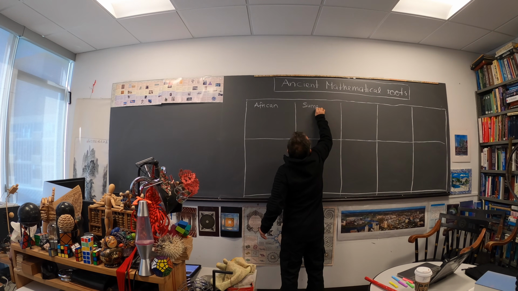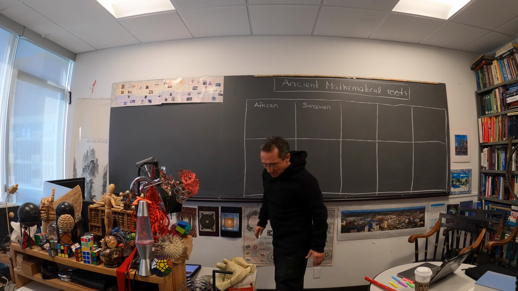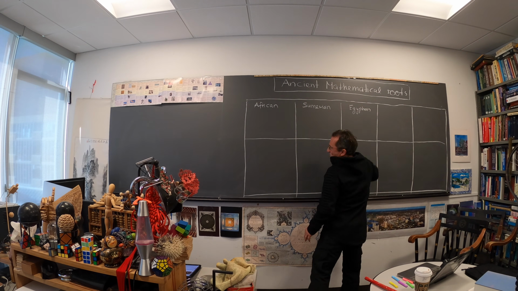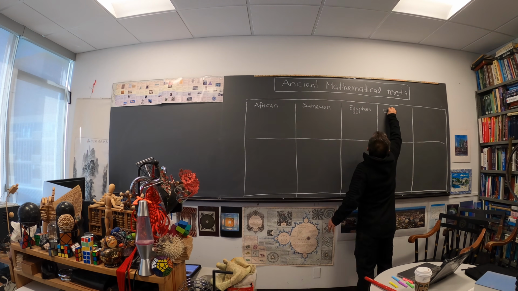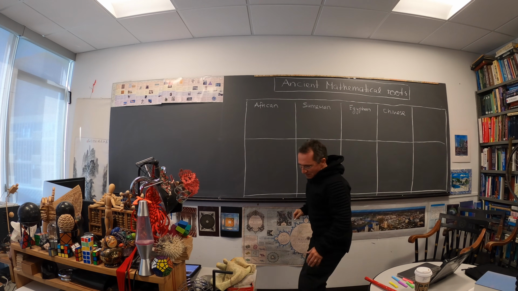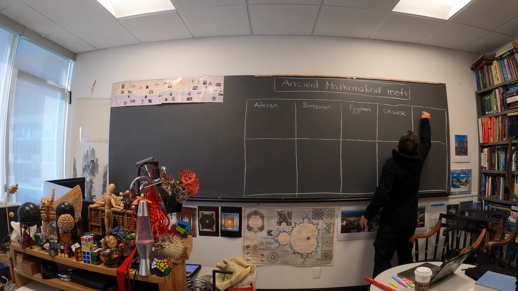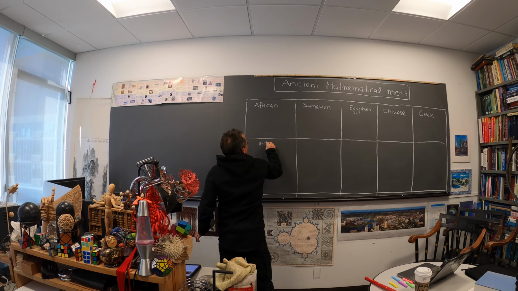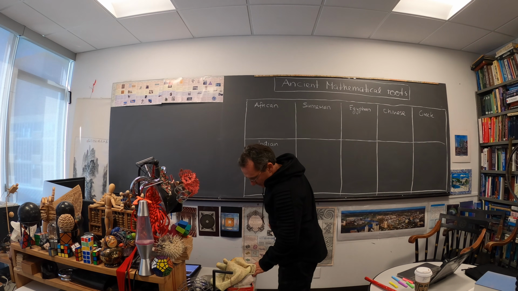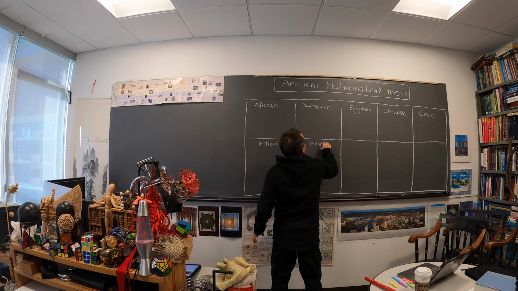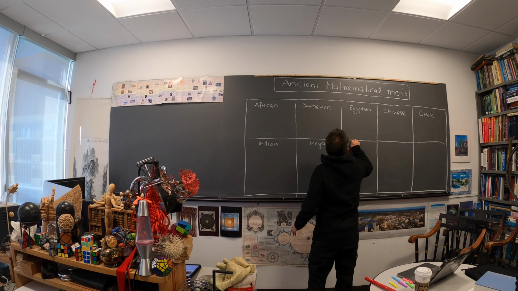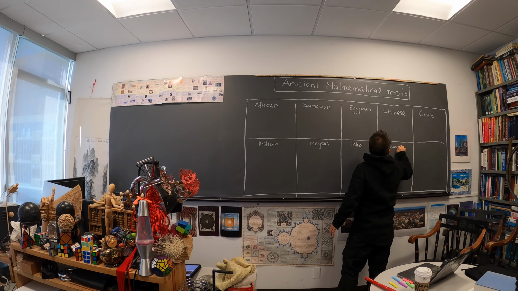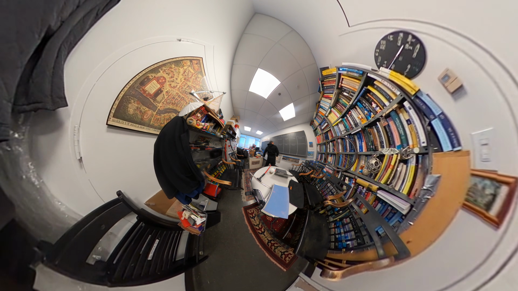Sumerian, also Babylonian, then Egyptian, then I come to Chinese, Greek, Indian, then Mayan, Inca Empire, Roman, and then the Hindu-Arabic.